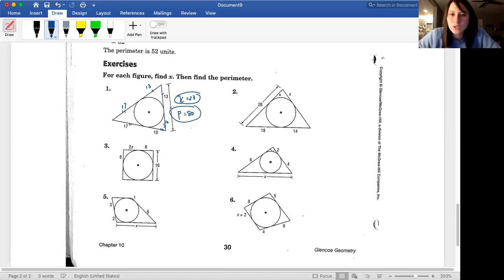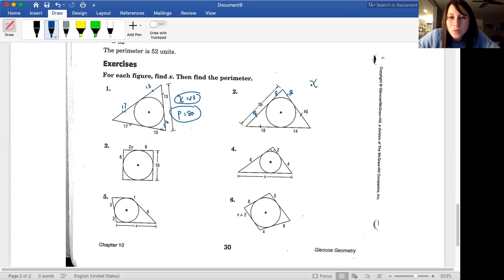Okay, looking here, if I know that this is 18, then this would have to be 18, right? So then I can backtrack: 26 minus 18 is 8. So this part would be 8. This part would be 8 because these are the same. If this is 14, this would be 14.